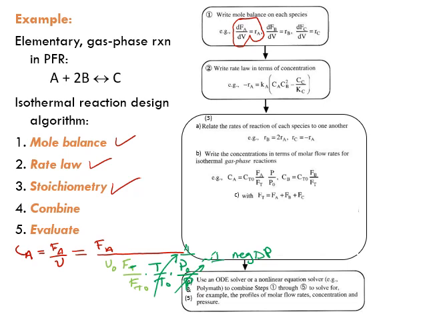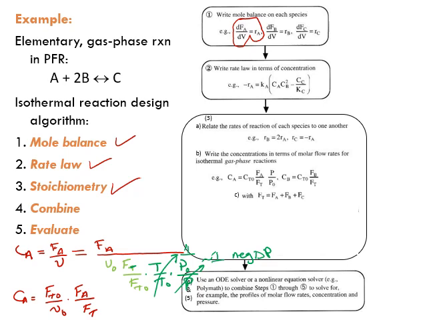So I'll end up with epsilon naught times Ft over Ft naught. Let me rearrange the equation. So Ca equals Ft naught over epsilon naught times Fa over Ft.